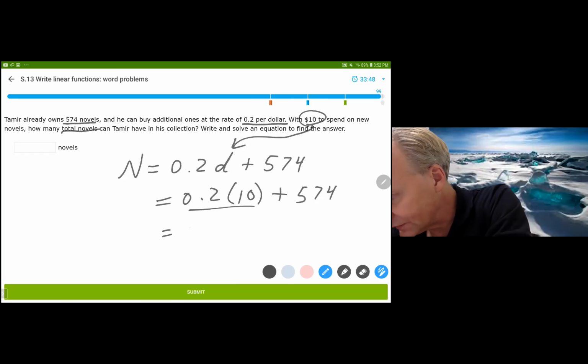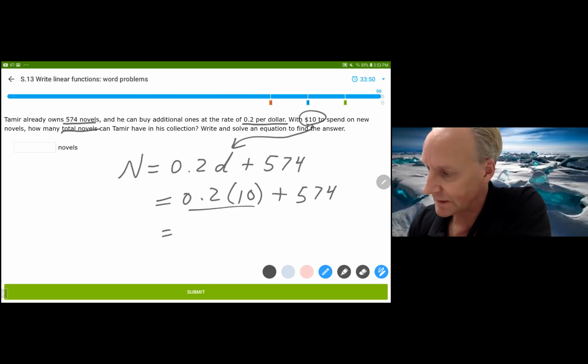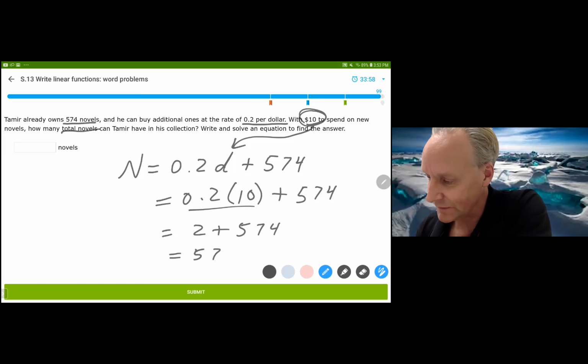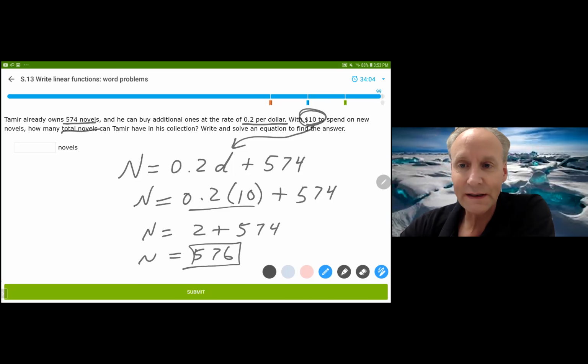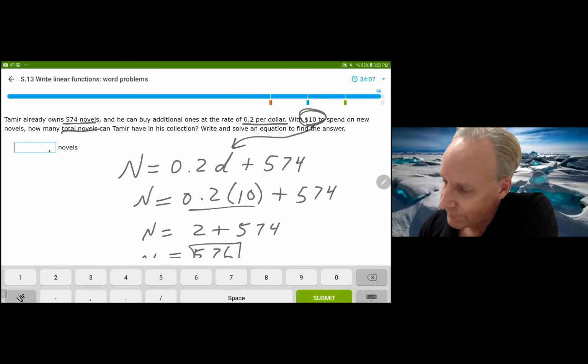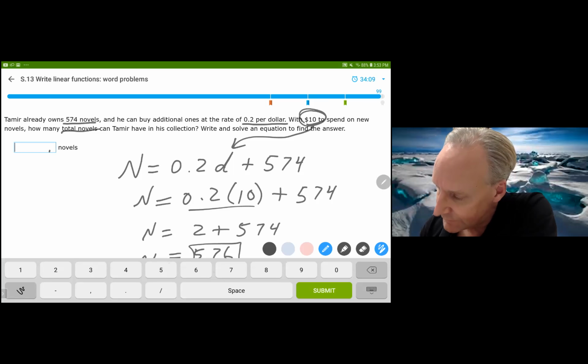The heck? That's only 2. Oh, because he has $10 to spend. That means they cost $5 a piece. So yeah, that's right. 2 plus the 574 makes 576 altogether. And it looks like we're done. 576. And that's it.